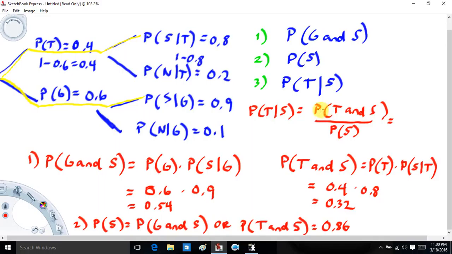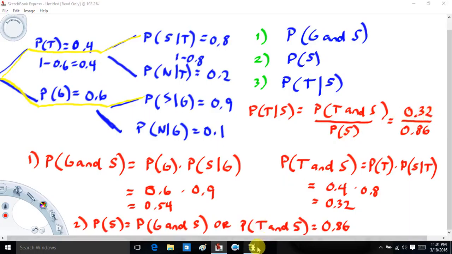So find the probability of having Coach Tom given that you got a scholarship. That's the probability that you had Coach Tom and you got a scholarship over the probability that you had a scholarship. The probability that you had a scholarship is what we found right here, 0.86. So it's going to be 0.86 in the denominator. And in the numerator you have this quantity, 0.32.